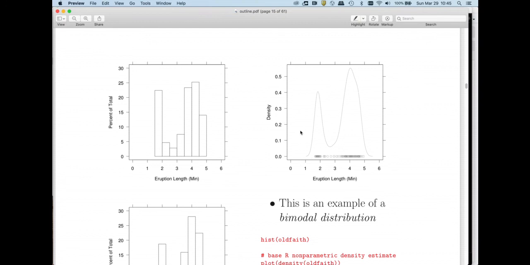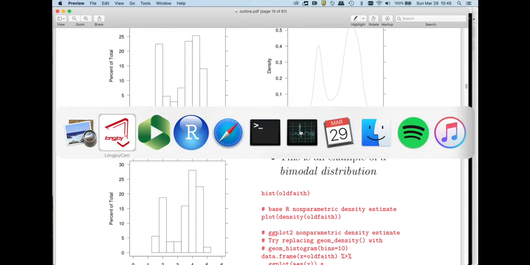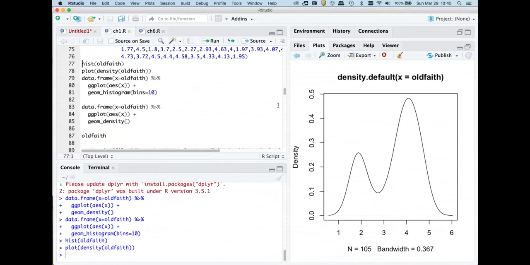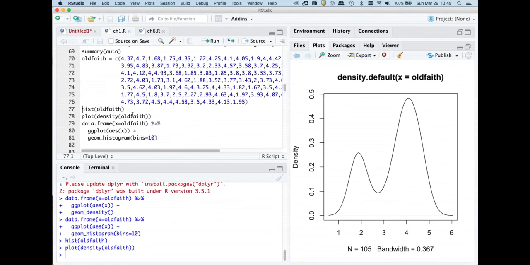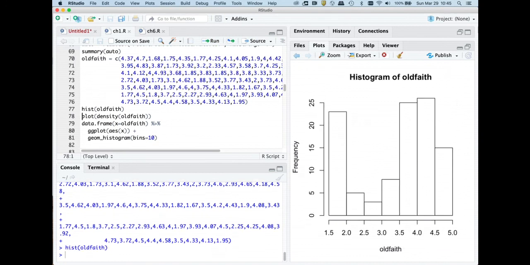Just for illustration purposes, I'm going to flip over to R now and show you how we can get these. So let's go read in our data. You can download this from Canvas if you want. The hist command is the base R command for looking at a histogram.